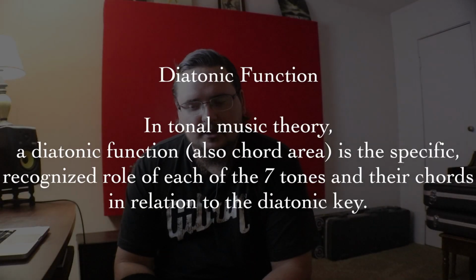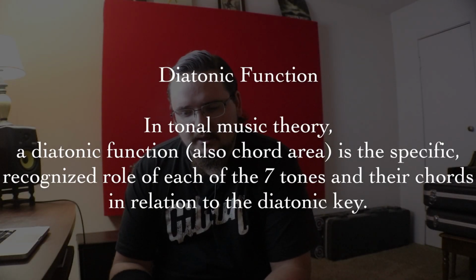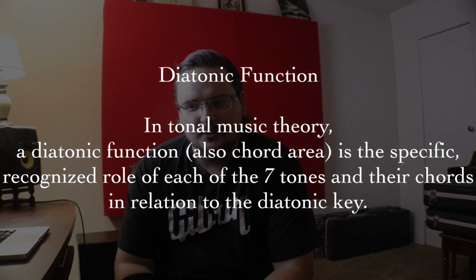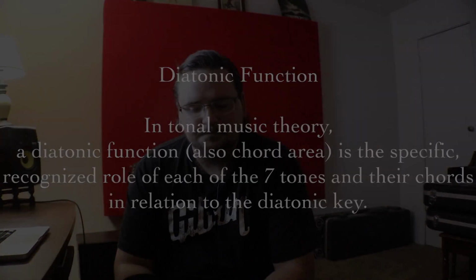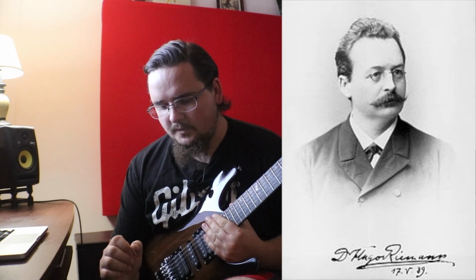We're going to explore its diatonic function and how all those chords can form different progressions to create our harmonic foundation. In Hugo Riemann's theory, there were three primary types of functions for chords. You had the tonic, which in this case would be C, and you had subdominant, and you had dominant.